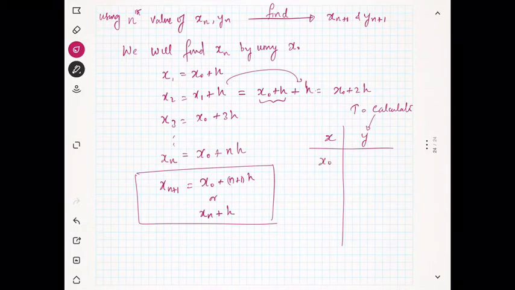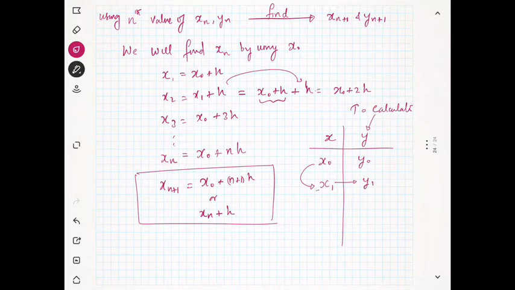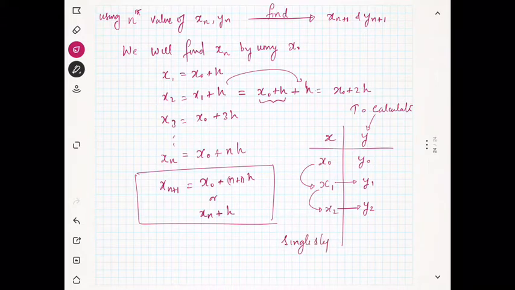It is given x naught and y naught, and by using x naught you will be finding x1, and by using x1 you will find y1, and by using x1 you will find x2, and by using x2 you will find y2. That means you are moving step by step, and this kind of method we will call a single step method.